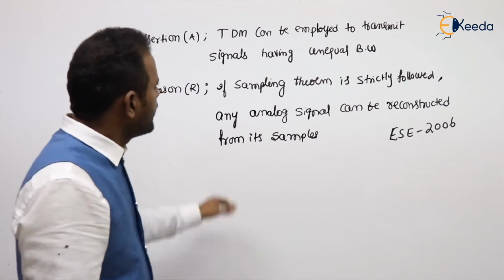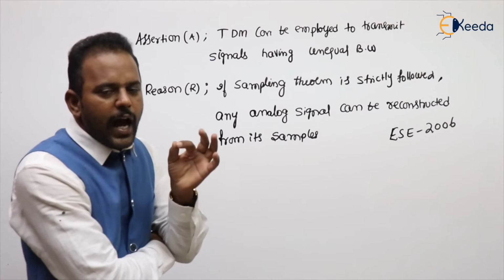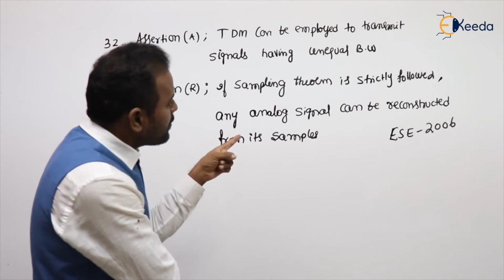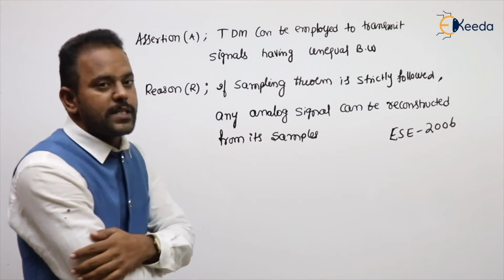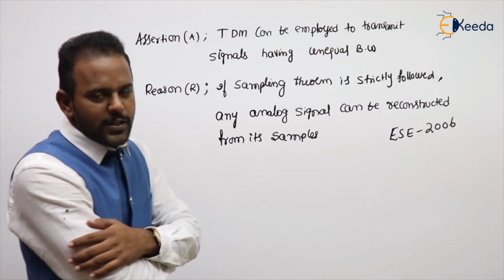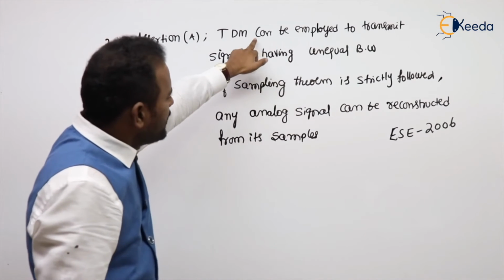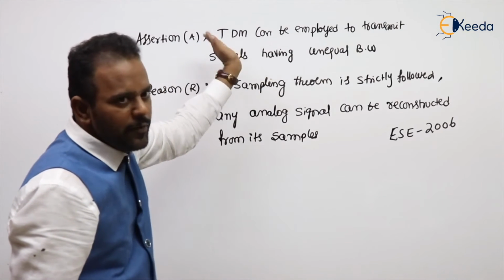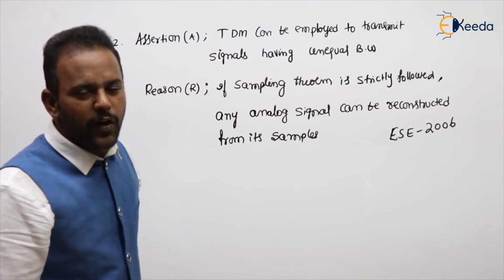Now see: TDM can be employed to transmit signals having unequal bandwidth because if sampling theorem is strictly followed, any analog signal can be reconstructed from its samples. Use the word because in between. Does it look like a meaningful statement?